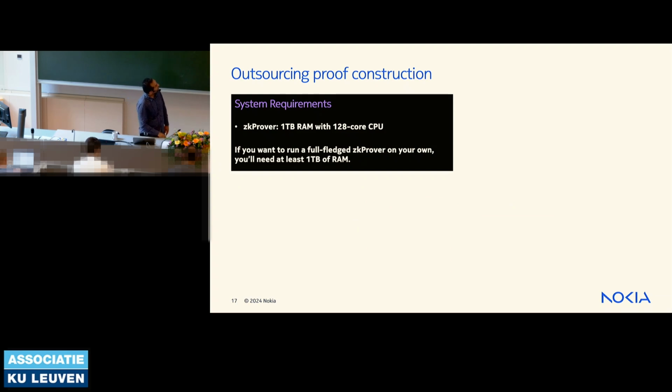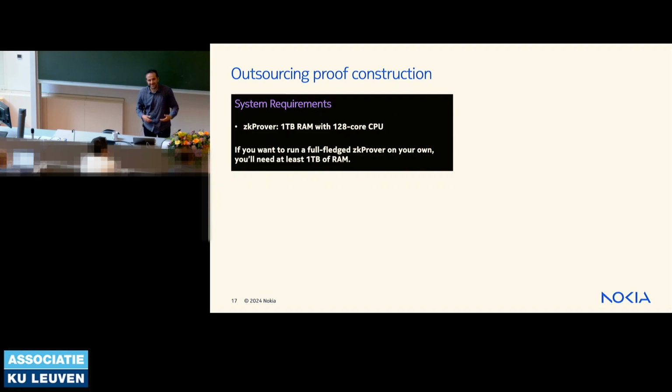Another thing: if you want to run a ZK prover, Polygon, first of all, what is Polygon? Polygon is one of the well-known blockchain projects. They have a zero-knowledge system for roll-ups, whatever a roll-up is, which is actually very relevant, but I'm not explaining it. They say the system requirement is 1 terabyte of RAM.